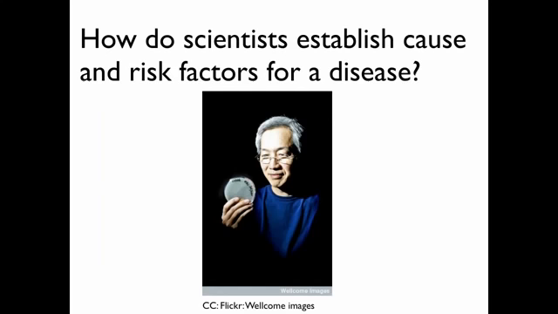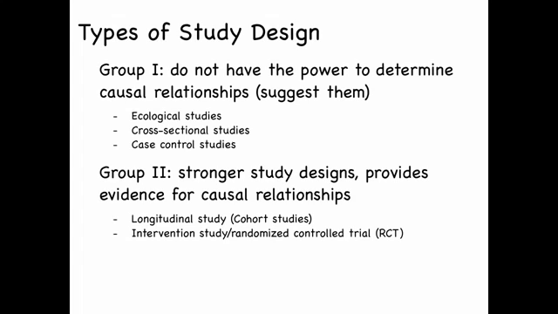So let's move on to how scientists establish causes and risk factors for a particular disease. There's a bunch of different study designs. Group 1 would have not as much power to determine a causal relationship, although they give us hints to them. And these are going to include ecological studies, cross-sectional studies, and case control studies.